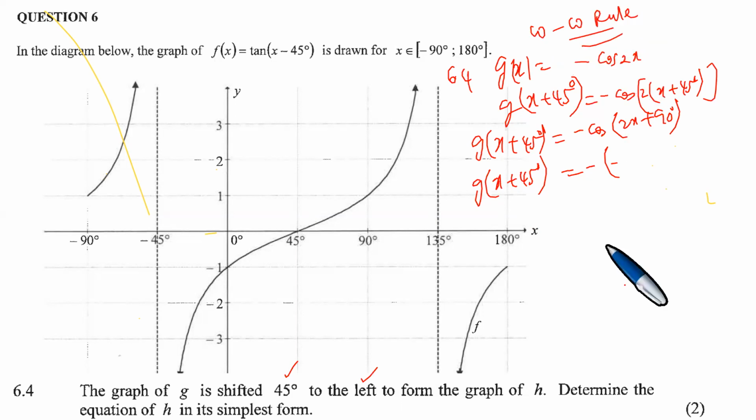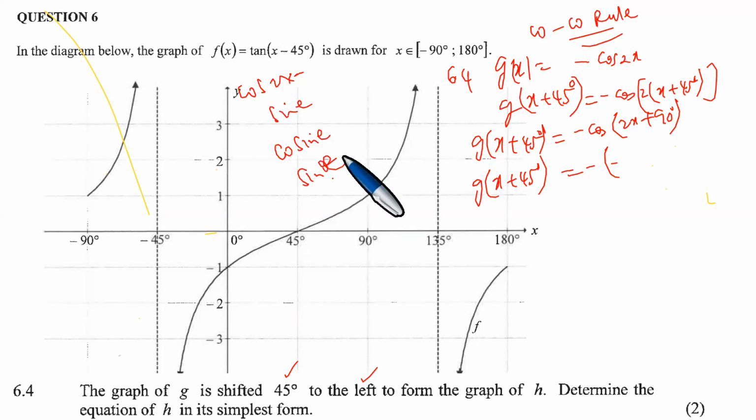The co-co rule is one way for us to realize to change to the co-functions. So now, if this one is cosine, cosine changes to sine. In full, generally we have cosine changes to sine.